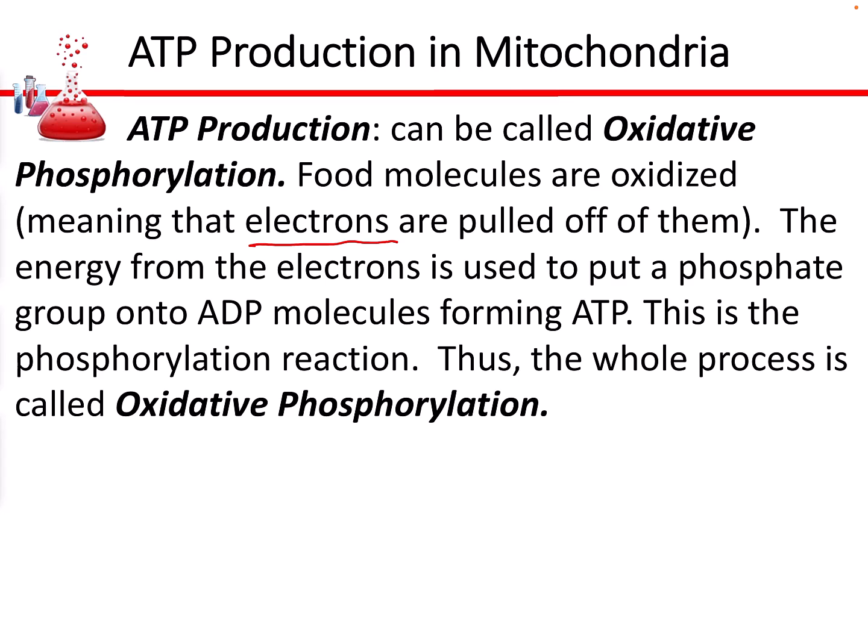That's the oxidative part. The phosphorylation part is the reaction where you're placing the phosphate group back on the ADP to recreate ATP. So the oxidative part is coming from our food, the phosphorylation part from placing the phosphate group back onto the ADP, and phosphate is often termed Pi.